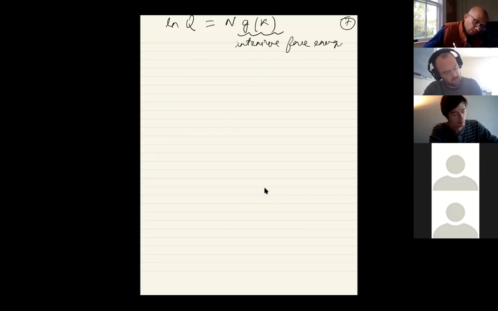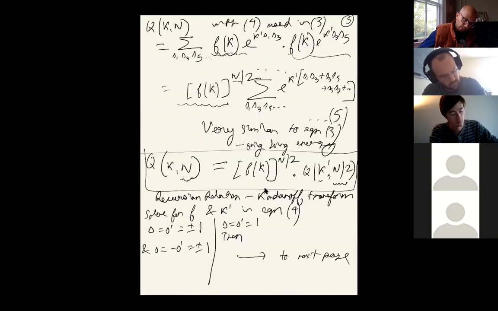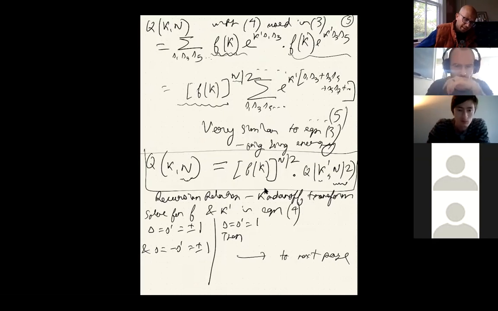So it is just 1 over n log q. So we showed that q of k comma n is equal to this property, right? So we can take log of both sides, and what do we get? I should have numbered this equation. This is equation 5a. It's so important, I forgot to number it.